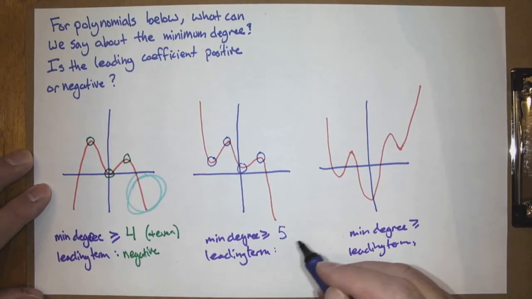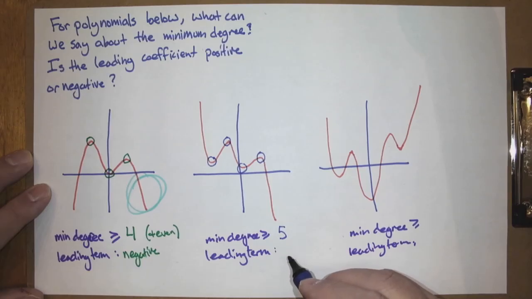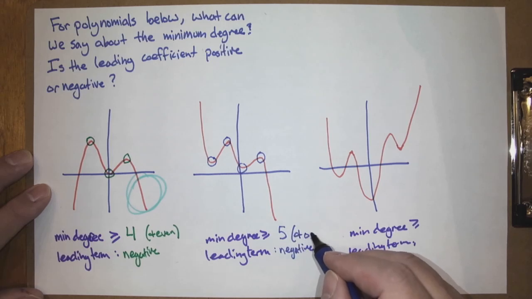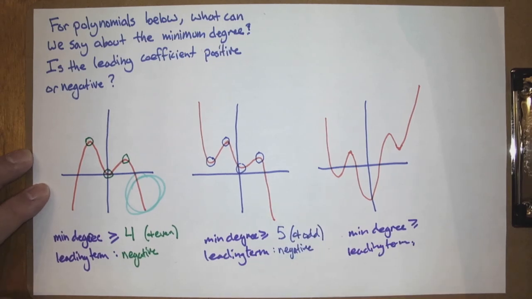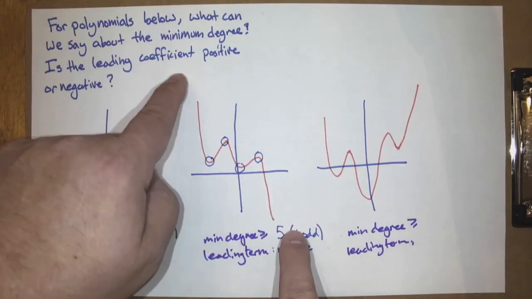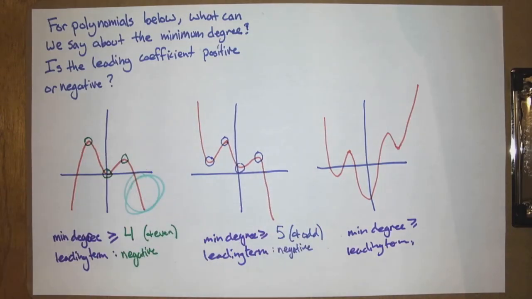Leading term, positive or negative? Negative. And we can see that whatever the min degree is, it has to be odd. It's a number at least 5, and it has to be odd. We can see that it has to be odd because there's different behavior in the 2 extremes. Same behavior at the extremes, it has to be even.